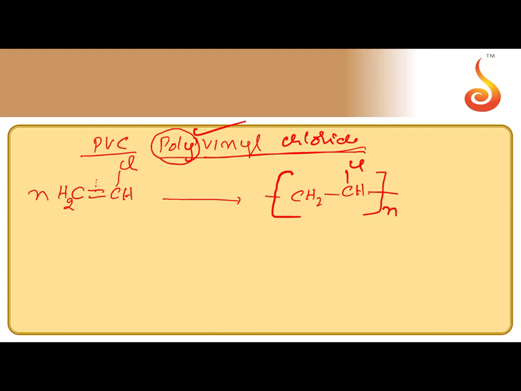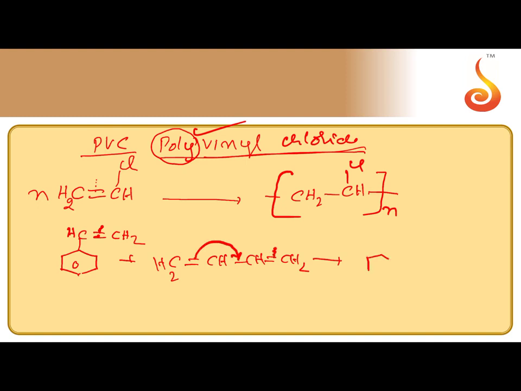Next, if it is a copolymer, Buna-S rubber, styrene, phenyl ethene is called styrene, and 1,3-butadiene. So this is a copolymer. First you break the pi bond, and you shift the pi bond and break another pi bond in the 1,3-butadiene.